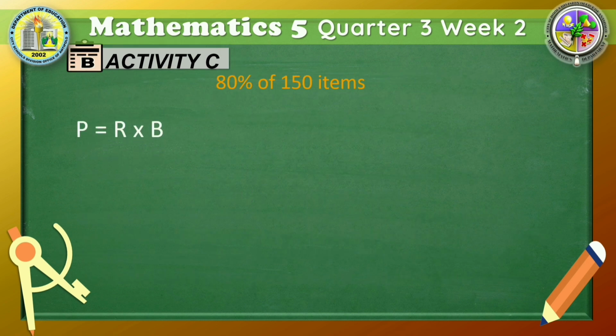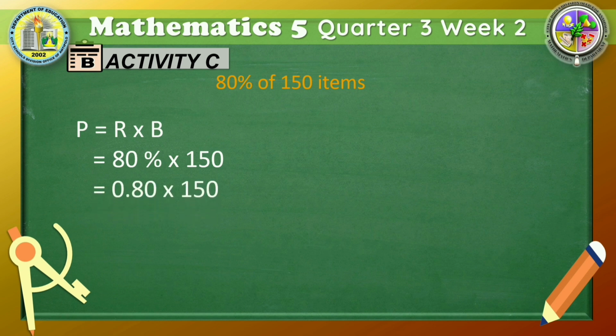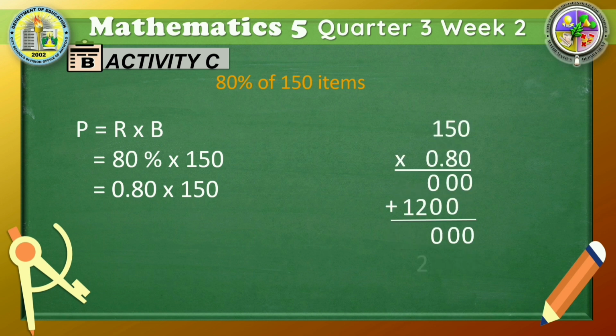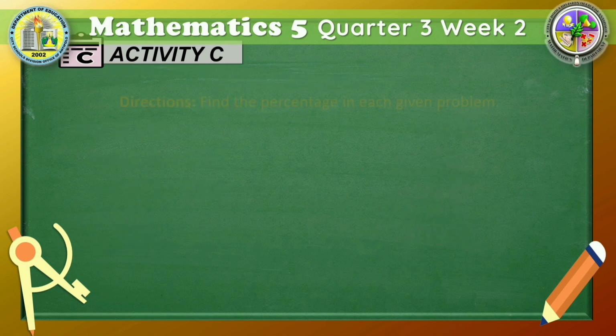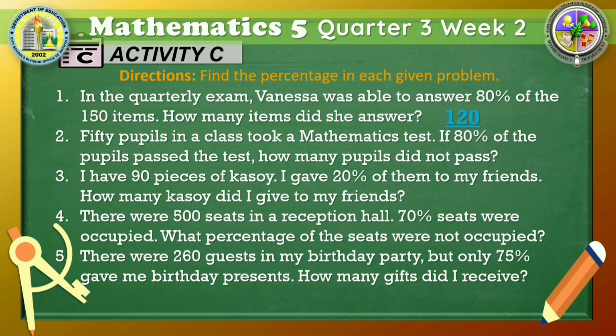So we have our formula, percentage equals rate times base, where 80% is our rate and 150 is our base. So let's change 80% to decimal. This will be 80 hundredths times 150. Again, we're about to multiply decimals and the answer will be 120. So the answer is 120 items.